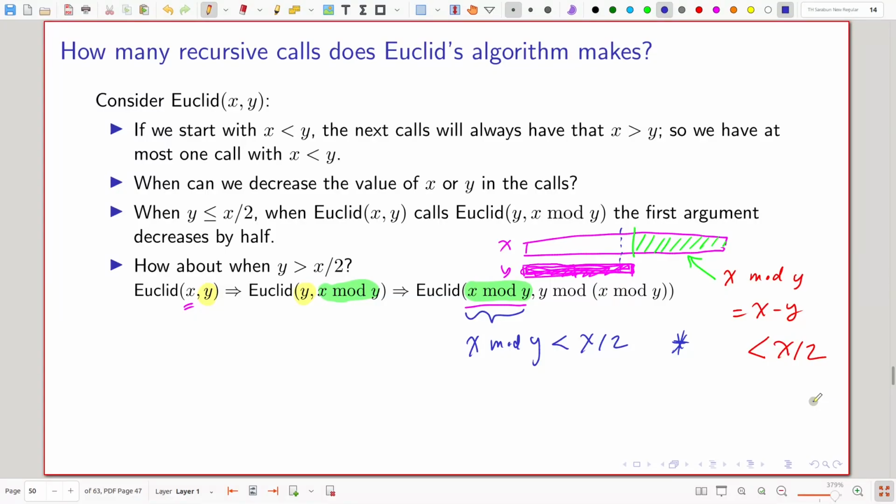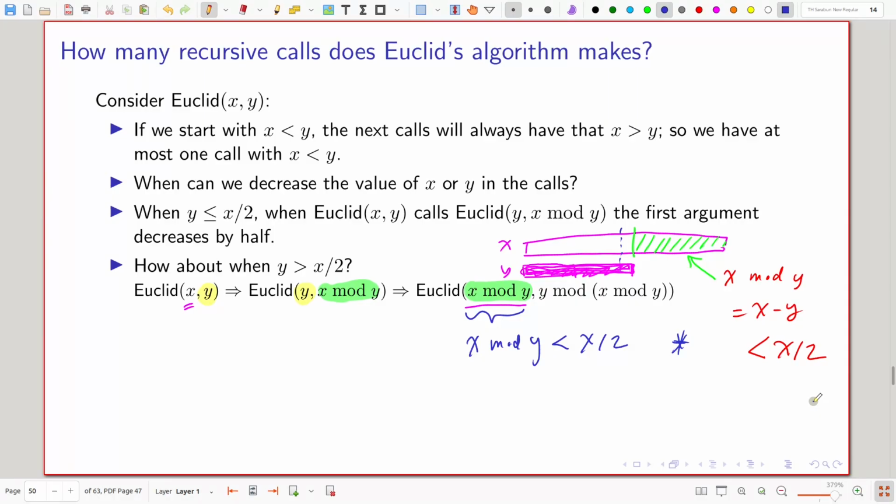If that's not the case, then after two recursive calls, the first argument decreases by half. So either after one or two recursive calls, the first argument decreases by half, really quickly. That's why the algorithm works efficiently. So that's the idea.